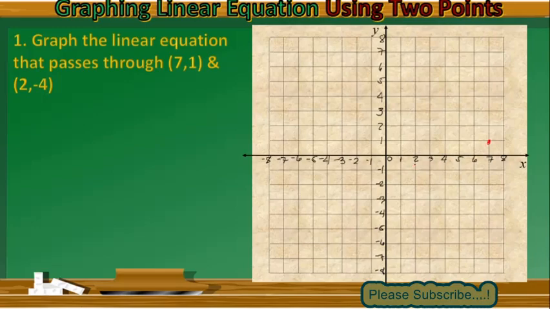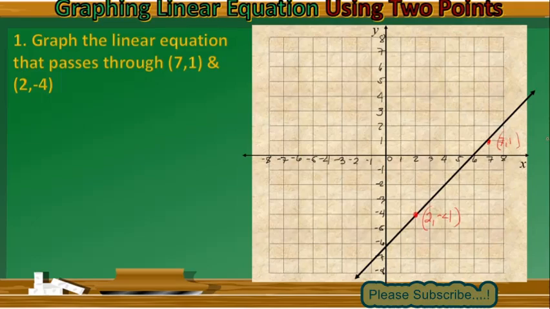Then 2 for x, then negative 4 for y. So to connect those, it forms now our graph of those 2 points. So this is our point coordinate 2 and negative 4, and this one 7 and 1.